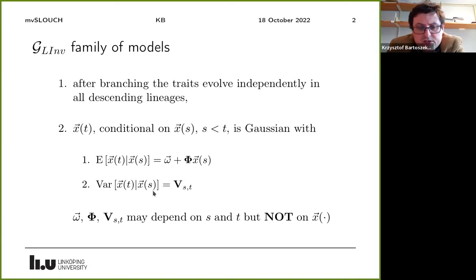So these parameters omega, phi, and v may depend on time at these time points. So they could vary over the tree, but they have to be independent of the trait value itself.